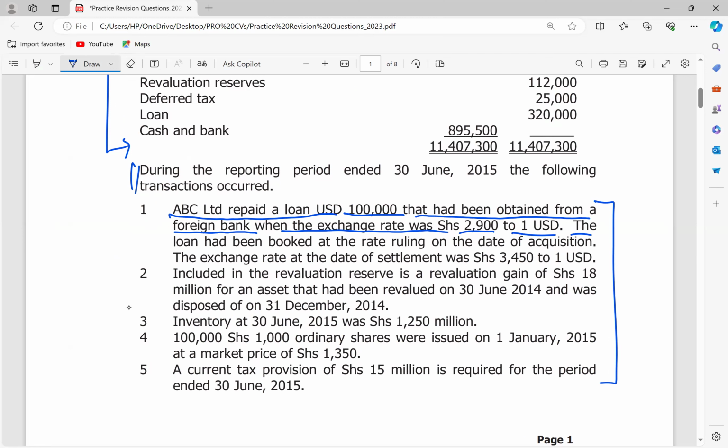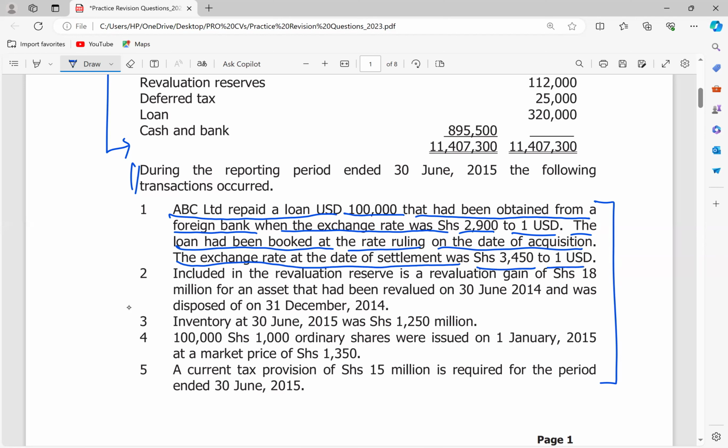The loan had been booked at the rate ruling on the date of acquisition. The exchange rate at the date of settlement when we cleared the loan was 3,450 to $1 US.